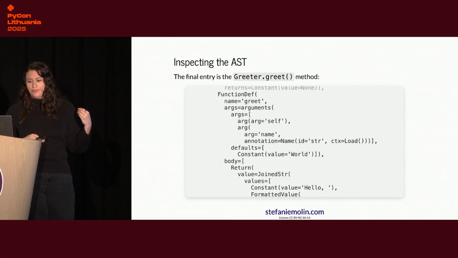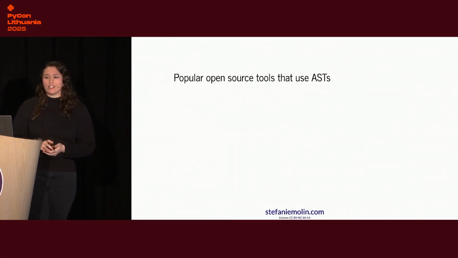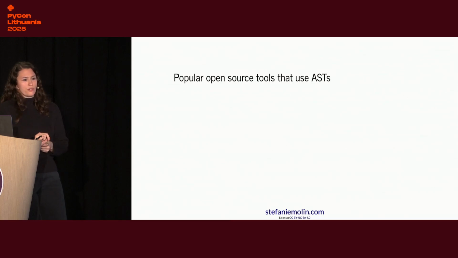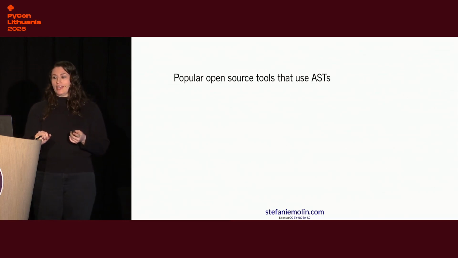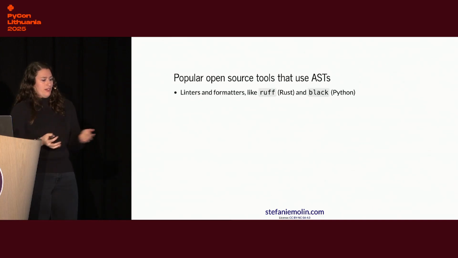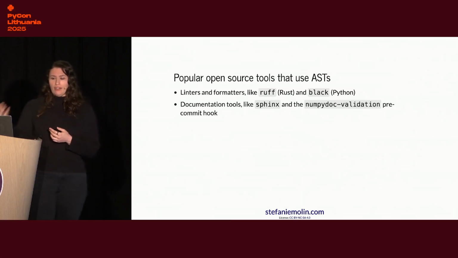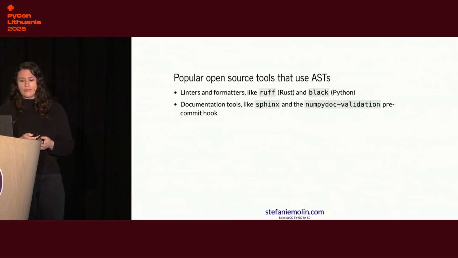So before we actually dive into building the tool, I did want to share some popular open source tools that you've probably used, at least some of these, and they actually use ASTs, so you've potentially been using them without realizing. Linters and formatters like Ruff, which is in Rust but is still using an AST, and Black, which is using ASTs directly in Python. Documentation tools like Sphinx and the NumPy doc validation hook that I mentioned.